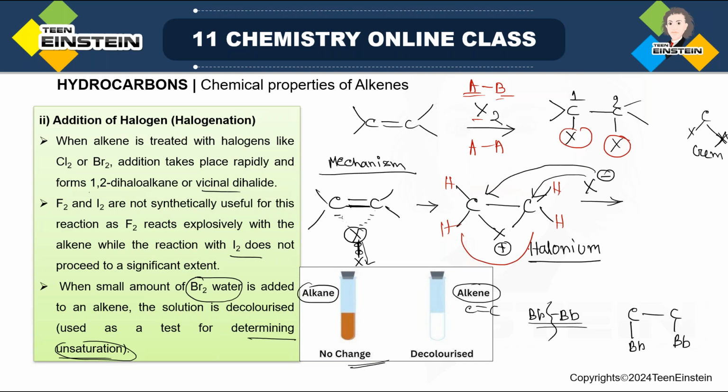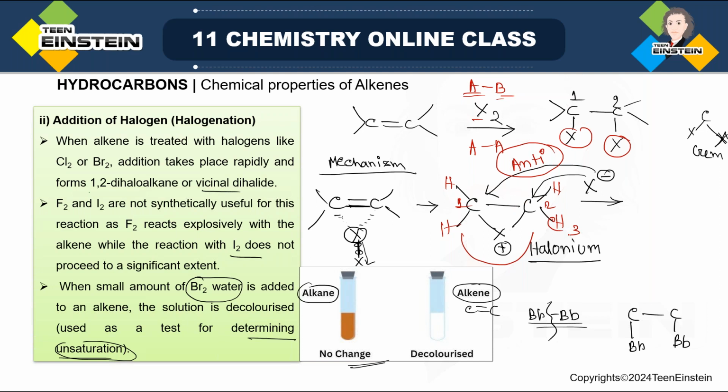So obviously the X minus will be attacking from the anti side, and it can attack at either carbon. But the important point is this is anti-addition. So there are two steps. First, there is formation of the halonium ion, and the second step is where the X minus is attached to it.